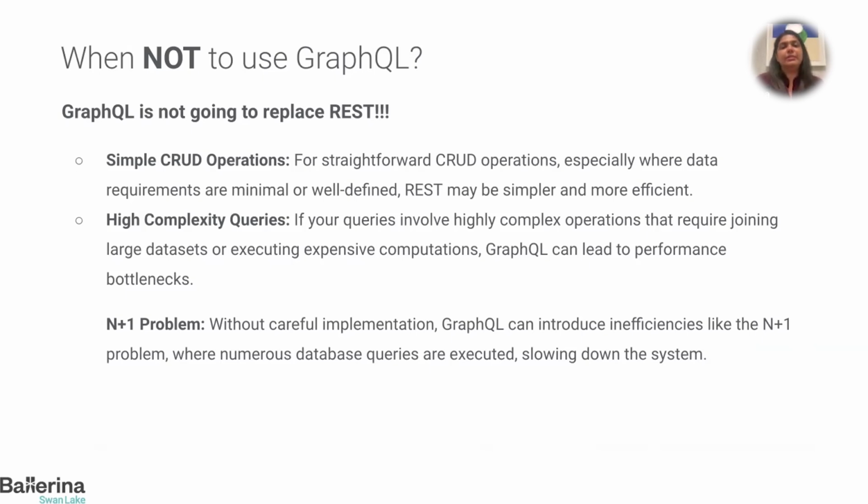So that will need a lot of processing power on the server side. So we have to be careful if we are using GraphQL for such solutions, not to overuse the server resources. So that's why we need to understand the real problem, the use cases, and whether GraphQL is the right solution or not.